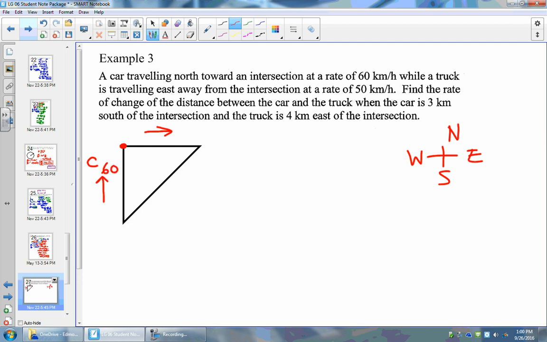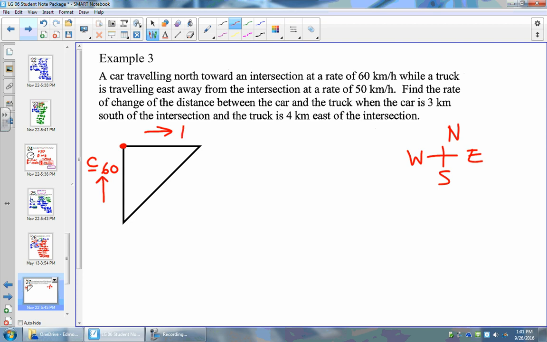So he's going 60. Now, I want you to think about what's a positive and what's a negative. Remember what we were talking about before: if the distance to the origin is getting smaller, that's got to be a negative. If the distance from the origin is getting bigger, that's a positive. So that must mean this is going to be negative 60 kilometers per hour.